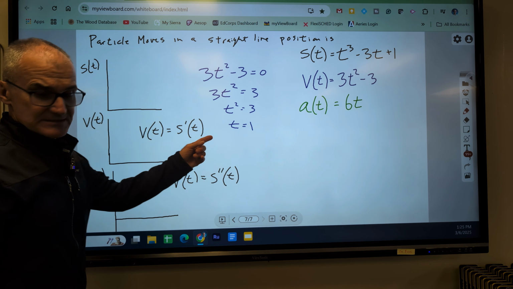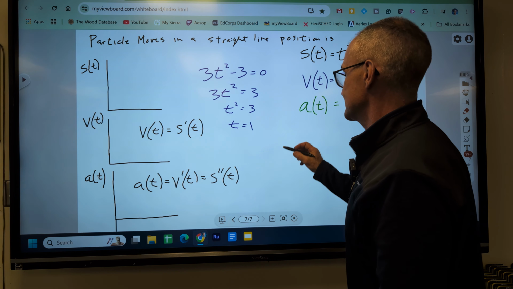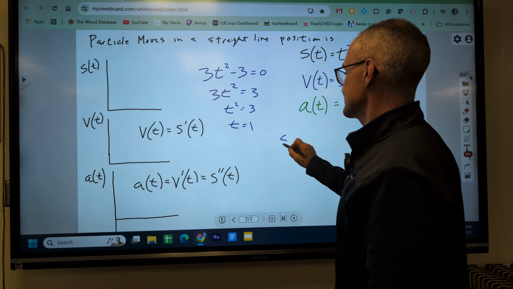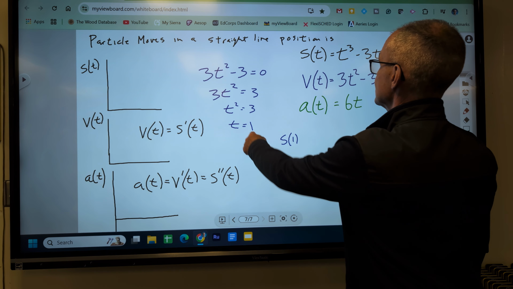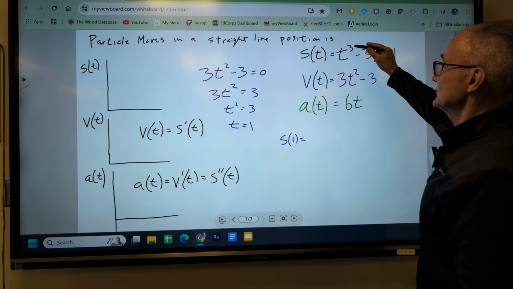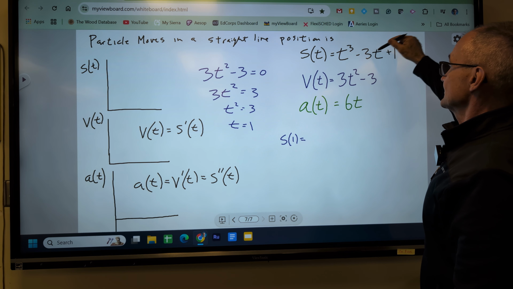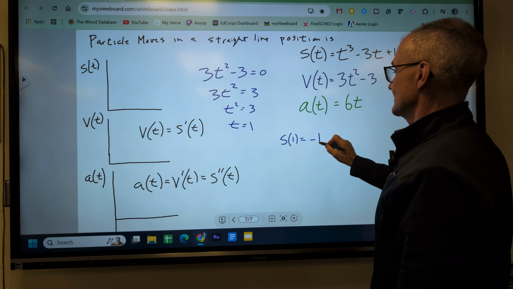I know that t is equal to 1. I am asking about distance traveled, so that's going to be s of t. I'm going to figure out s of 1. I plug the 1 in here: s of 1 is 1 cubed, 1, minus 3, negative 2, plus 1, negative 1.